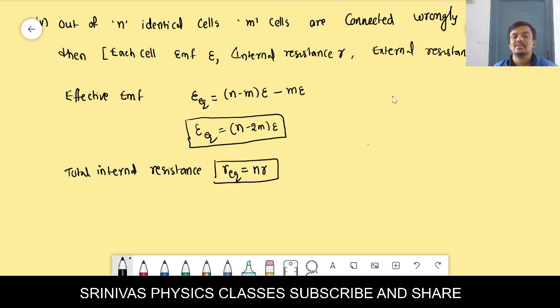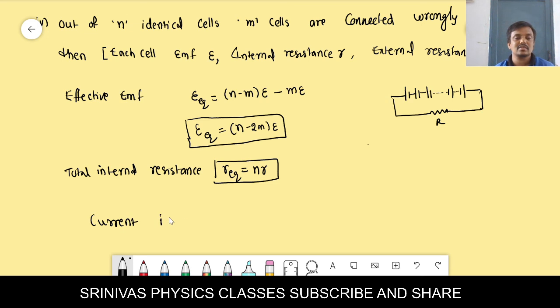Then if you want the current, you see here, there are some cells connected like this. These are the right connections. Some are wrongly connected. And this combination is connected to some external resistance. If you want the current in the circuit, then what is the current?